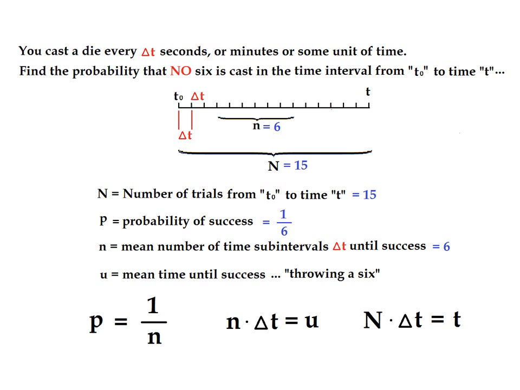Now, little n represents 6 in this particular case because we're still using the die, and the event of success is throwing a 6. And so we would expect, on the average, every 6th cast of the die to give us success. And in this particular arrangement, we're looking at 15 time intervals.